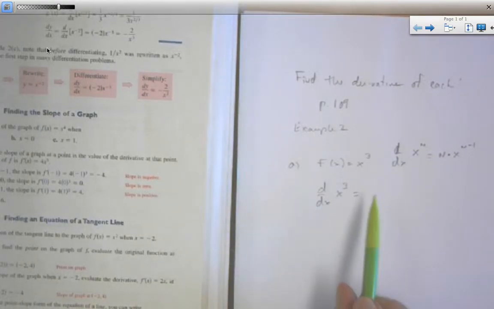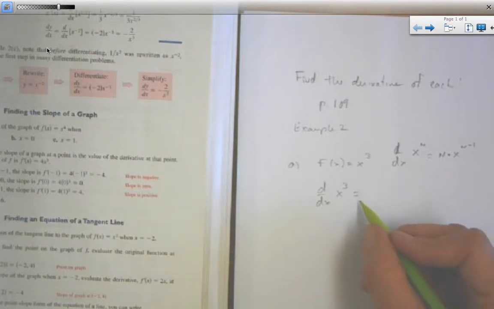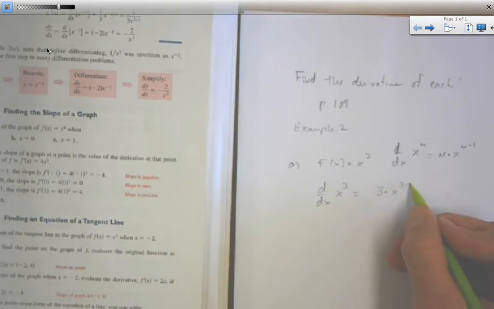So in this case, n would be 3. So the derivative of this monomial term, just this one term of a polynomial, would be 3 times x, and then subtract 1 from the exponent. So the derivative would be 3x squared.